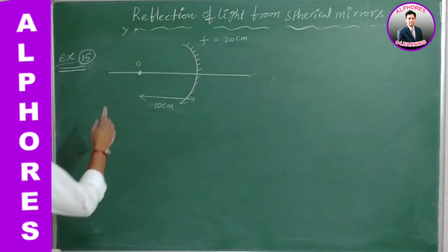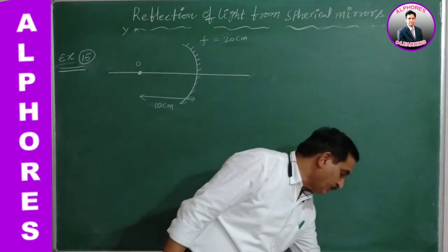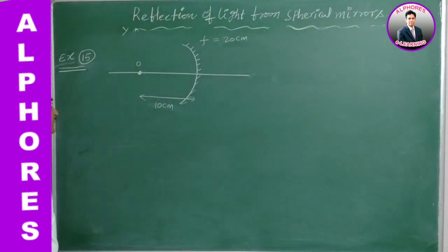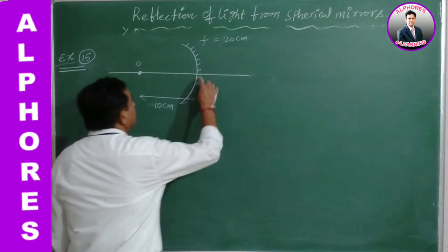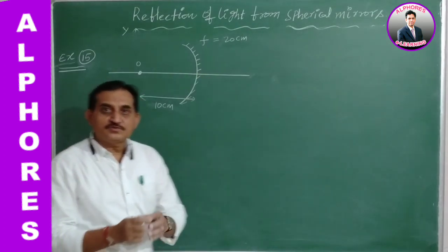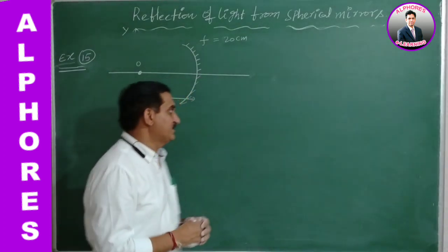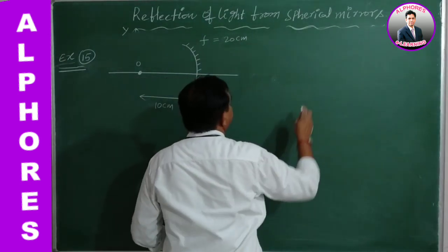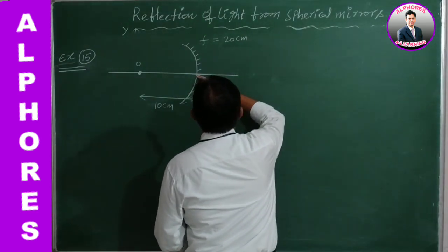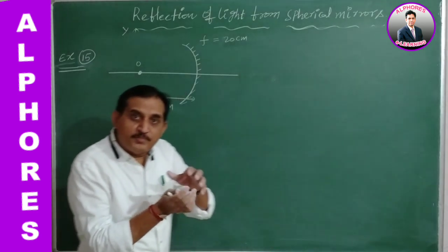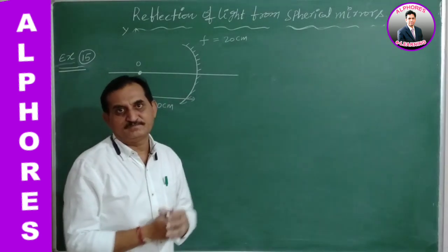Now, this is a concave mirror. Its focal length is 20 centimeters and an object is kept at a distance of 10 centimeters on the principal axis. Now, this concave mirror is cut into 2 equal parts along the principal axis. Okay? And these 2 parts are moved away from each other.